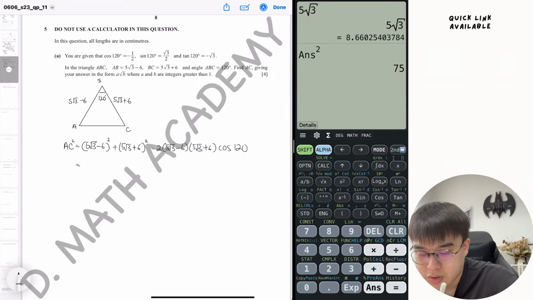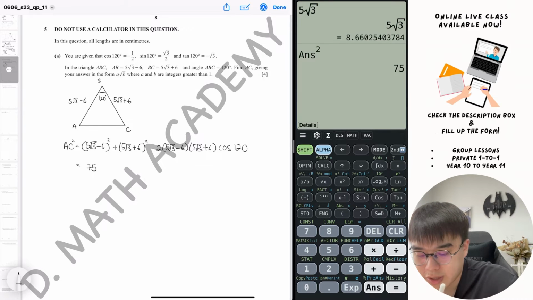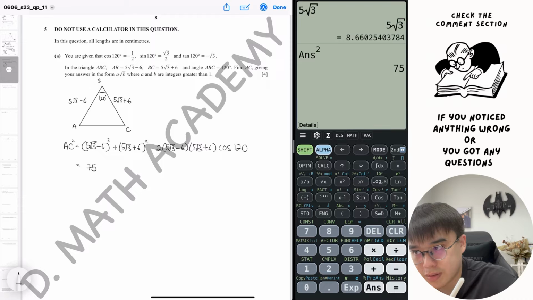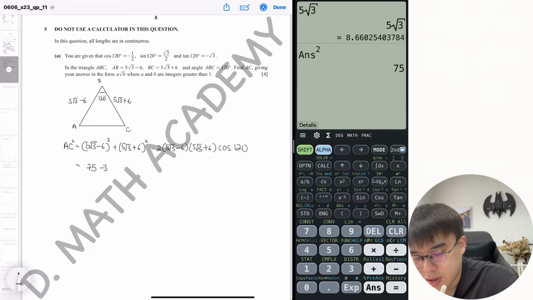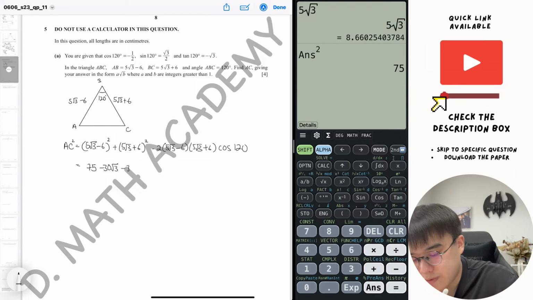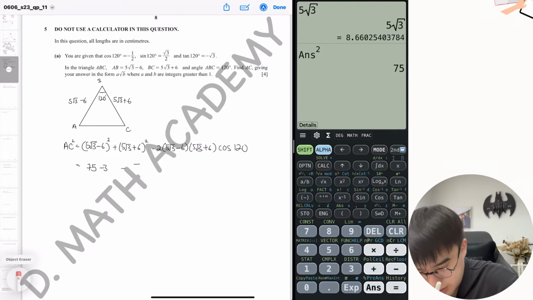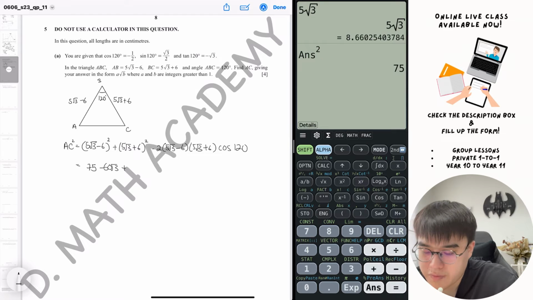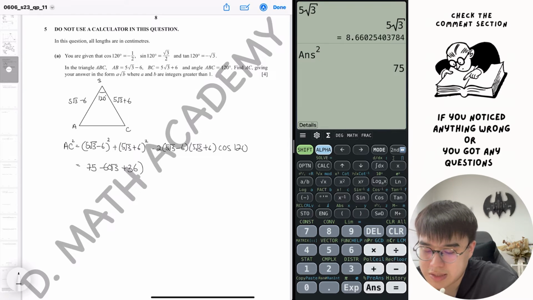So you actually get 75 for the first part, and I wanted to skip the workings a little bit here. 30√3, negative 30√3 again, that makes it a 60, and then with a plus 36.